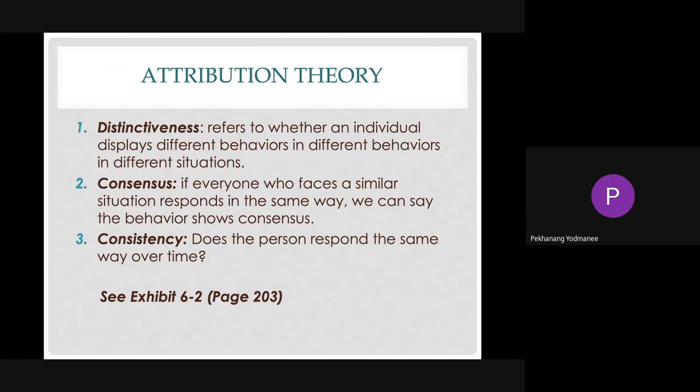If other employees who took the same route were also late, from an attribution perspective, consensus is high, and you would probably give an external attribution to the employee's tardiness. Whereas if other employees who took the same route made it to work on time, you would attribute his lateness to an internal cause.